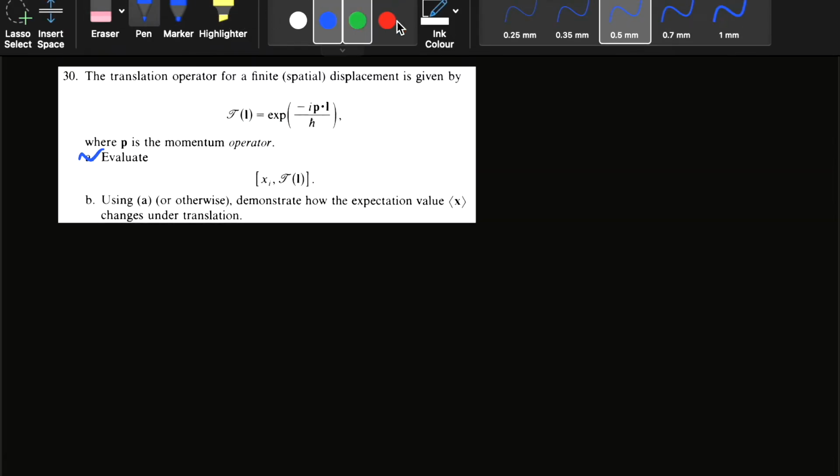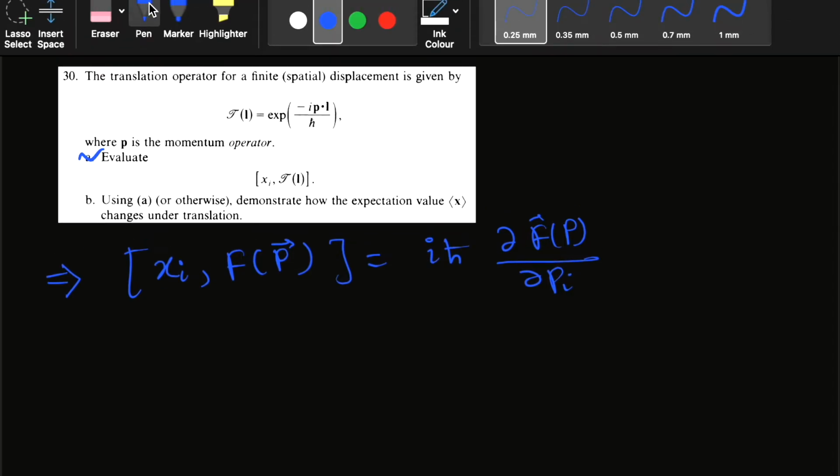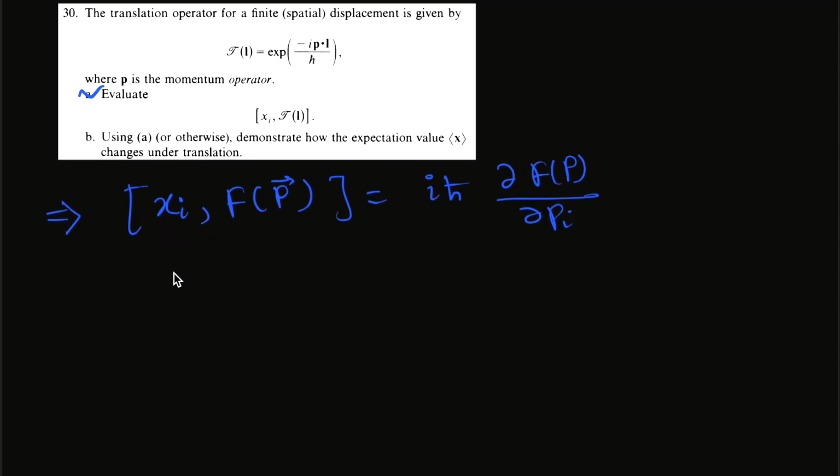Evaluate [xi, tau]. And from the previous question, question 29, we know that [xi, f(p)] can be written as iħ ∂f/∂pi. So let us use the similar result here.